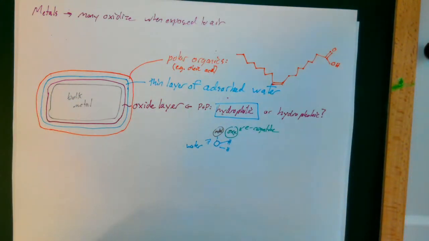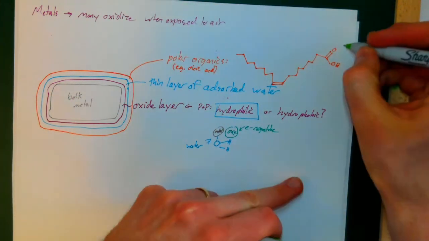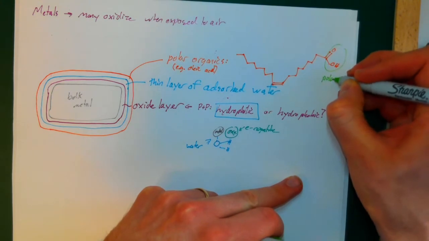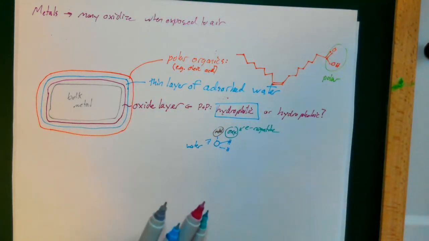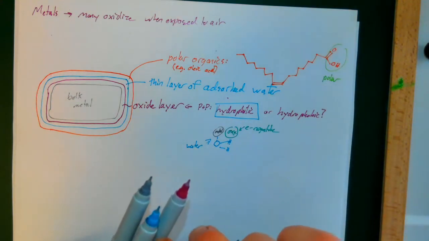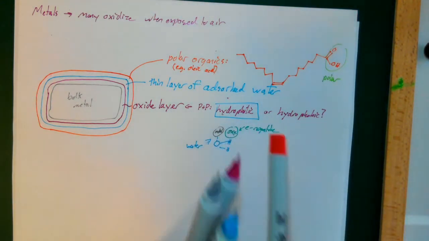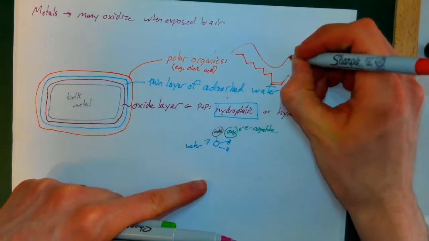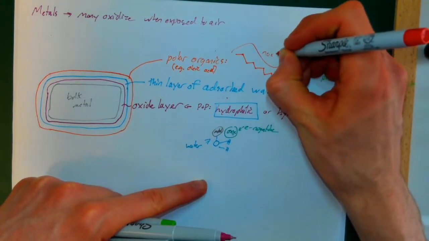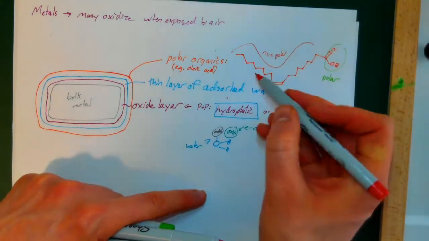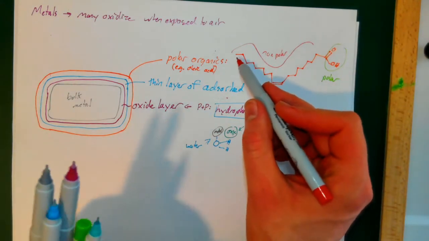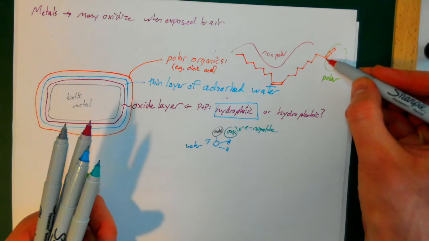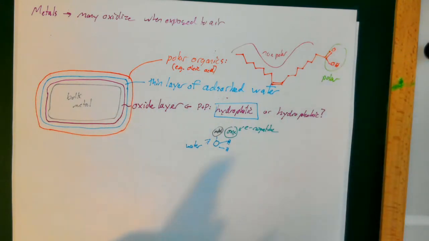So what's the key thing here? This part is polar. The rest of it is non-polar. This is made entirely of neutral carbon and carbon-hydrogen bonds, whereas here we have this polar stuff right here.